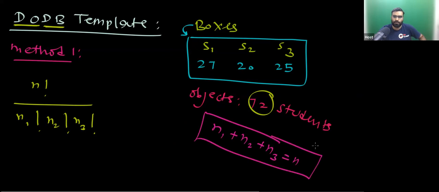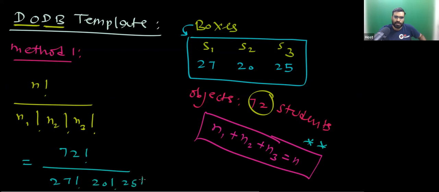This is the condition if you want to apply this formula. So the answer will be 72 factorial divided by 27 factorial, 20 factorial, and 25 factorial.